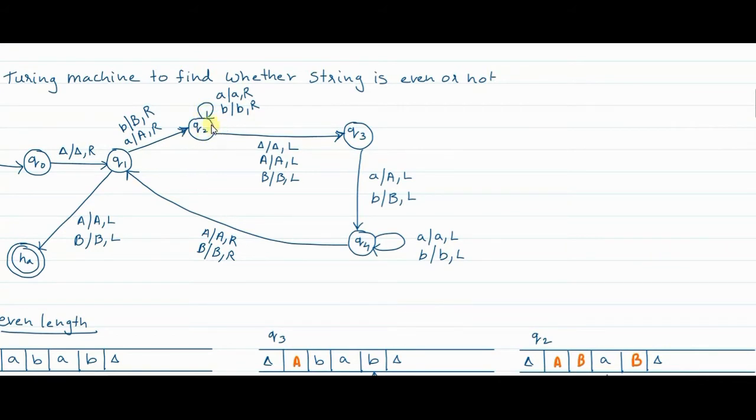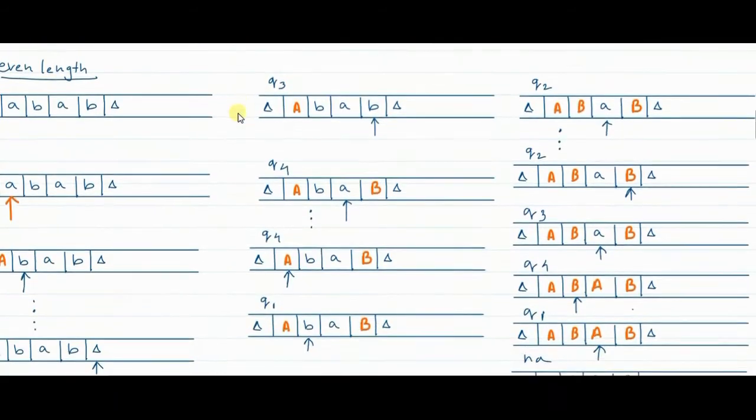Now in Q2 state, any number of small a's and small b's encountered on the way during the rightward movement of the pointer, you are going to ignore and just keep moving to the right. The dots are for that, and finally after ignoring everything, it reaches capital B. So in Q2 state, you ignored A, and now you have reached capital B. In Q2, when capital B is encountered, what does it mean?